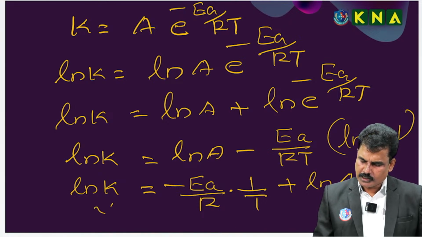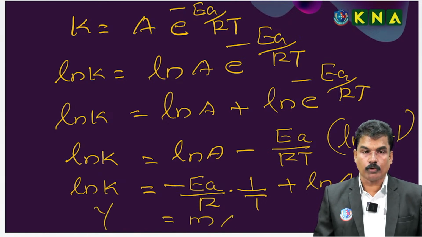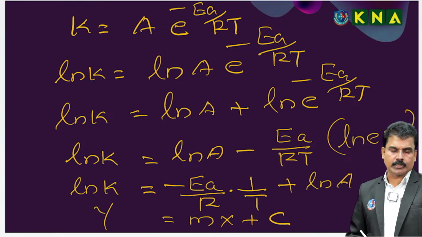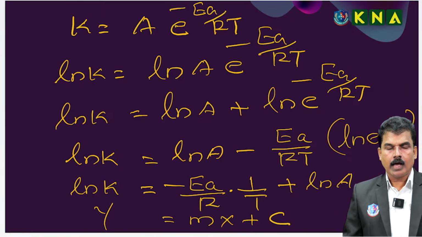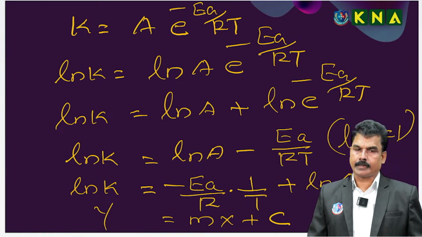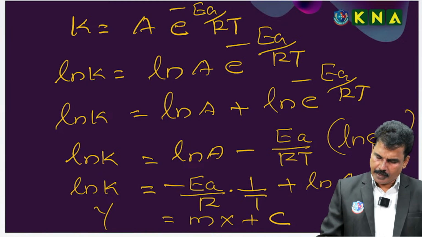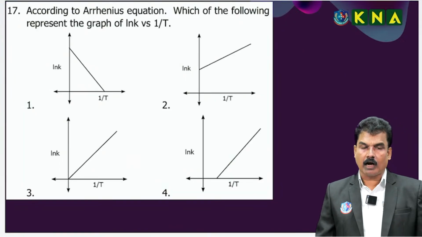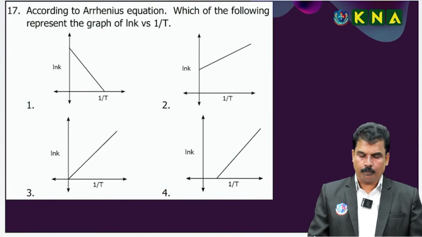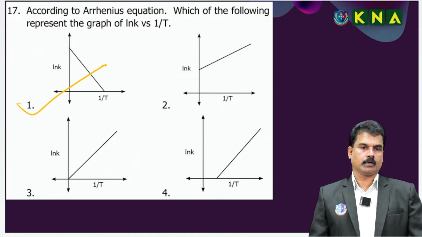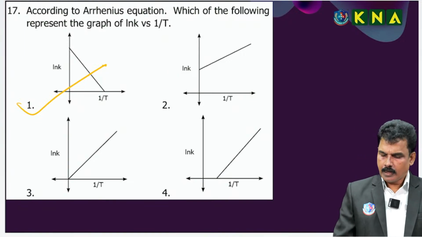Now this equation is similar to the equation y is equal to mx plus c. So on the y axis you have to take ln K and on the x axis you have to take 1 by T. What is the slope? Negative slope, minus Ea by R. So from the given graph, which one is a negative slope? First one. So first option will be the correct option. ln K against 1 by T, negative slope.